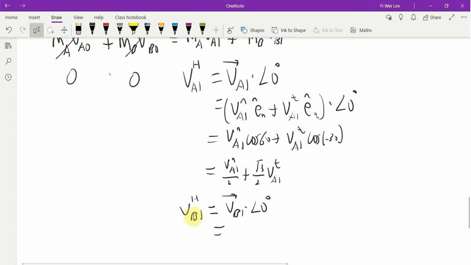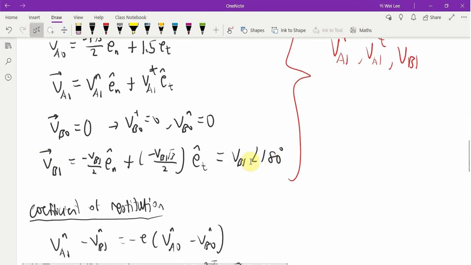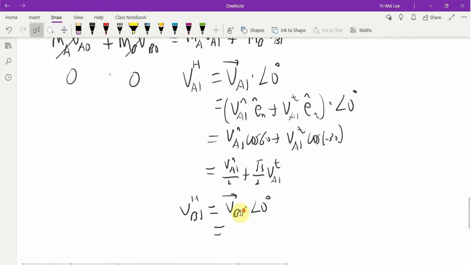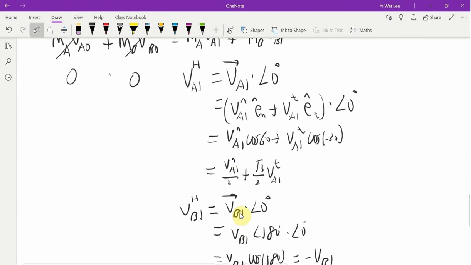Now please do not take VB1H as equal to VB1 directly. How do I know? Let's just prove it. VB1 dot product with 0 degrees equals VB1 in direction 180 degrees dot product with 0 degrees, which equals VB1 cos 180, which equals negative VB1.